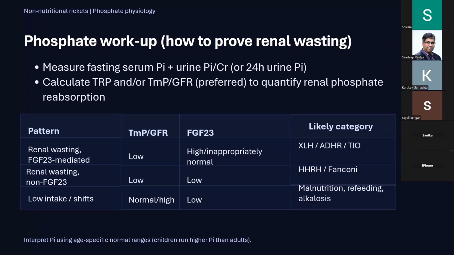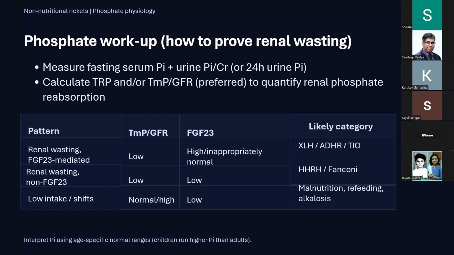And in such cases, we should initiate a phosphate workup where we measure the fasting serum phosphate and urine phosphate, and serum creatinine and urine creatinine, both. Thus, these levels will help us calculate the total reabsorption of phosphate and the ratio of the maximum level of reabsorption of phosphate to the glomerular filtration rate.